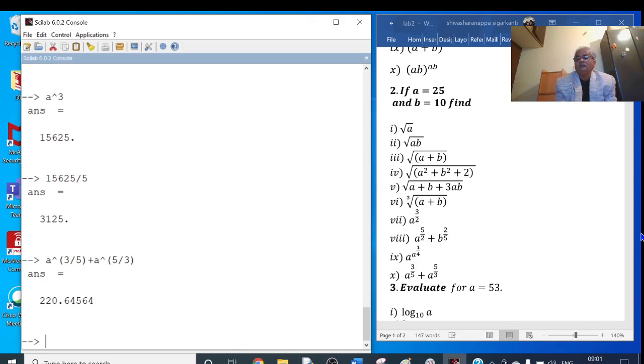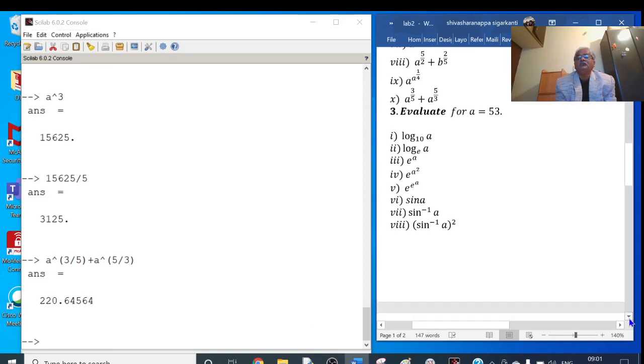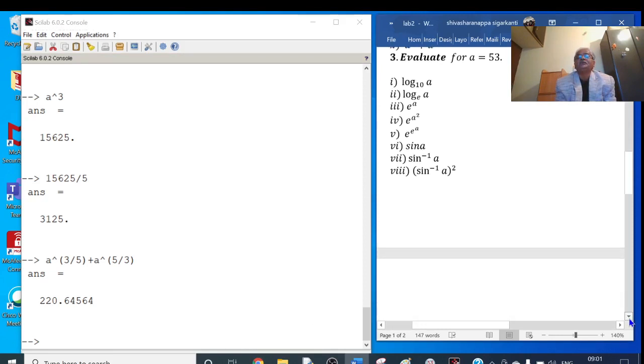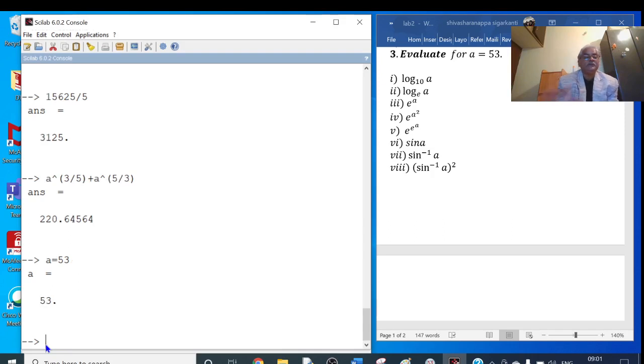Next example. So here a is given, a equal to 53. Then we have to find out these. First I will assign a equal to 53. Press enter button. This is the new value of a.